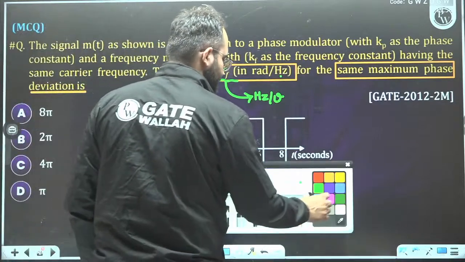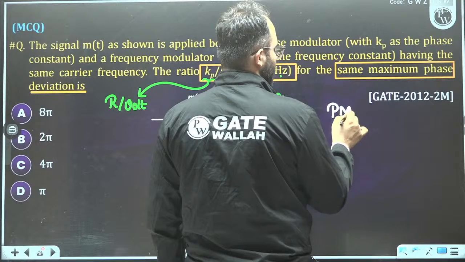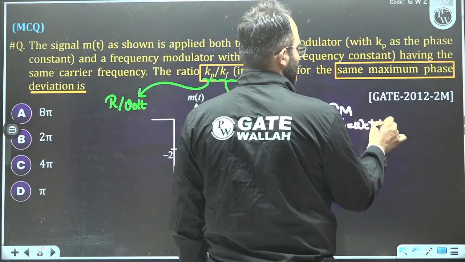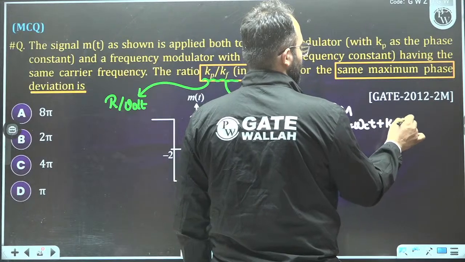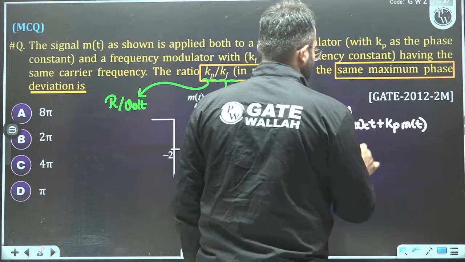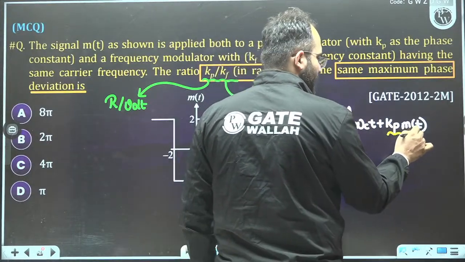Now, in case of PM, the phase term is omega ct plus Kp m(t). We can see that this term will be the phase deviation term.